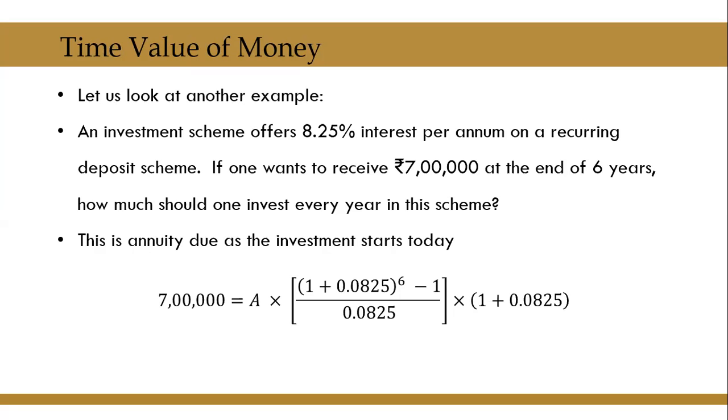So A into (1 + 0.0825)^6 minus 1, divided by 0.0825 into (1 + 0.0825).